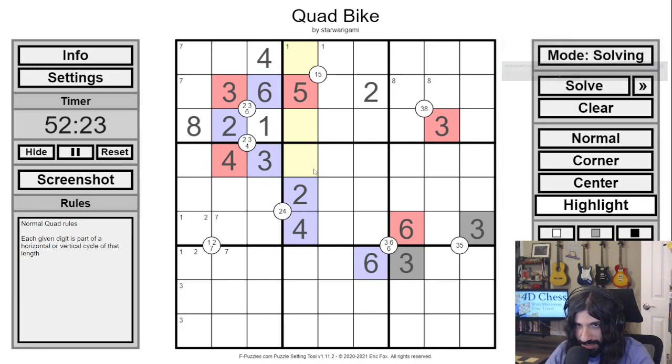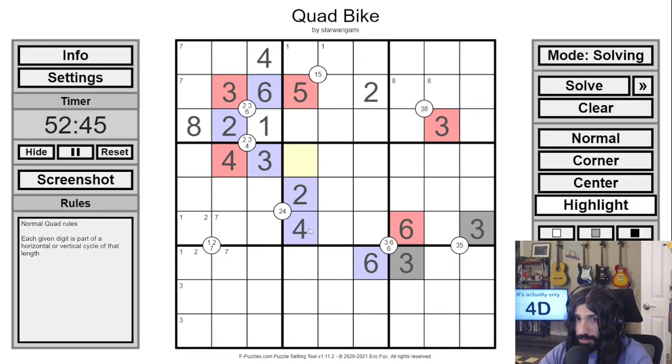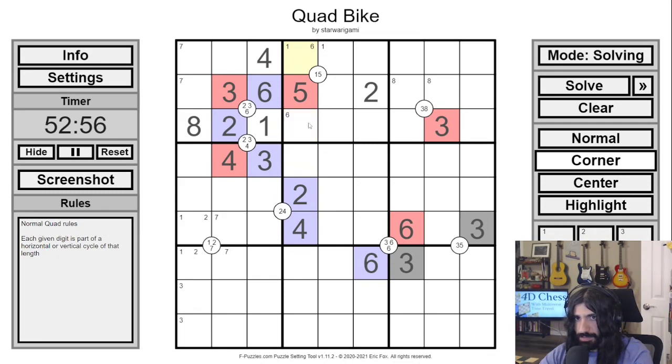But that's fine. This can't be a 6 because that would be a vertical 2 cycle. So we have to have a 6 here or here because we also can't have a 6 here, right? So we've got our 6s. One of these is... Oops, I don't know why I just said 2. One of these is a 6. That's for sure.